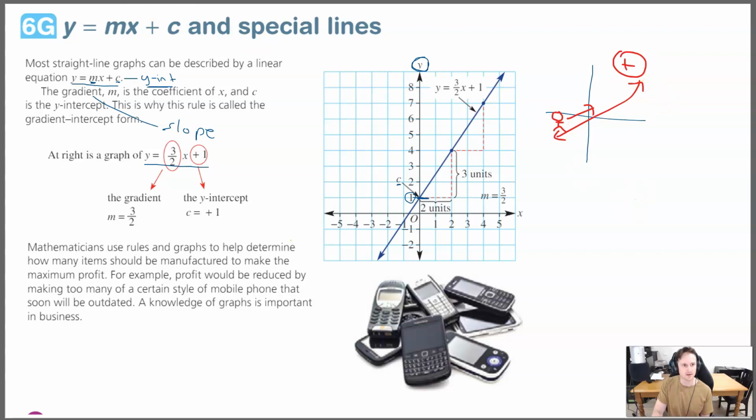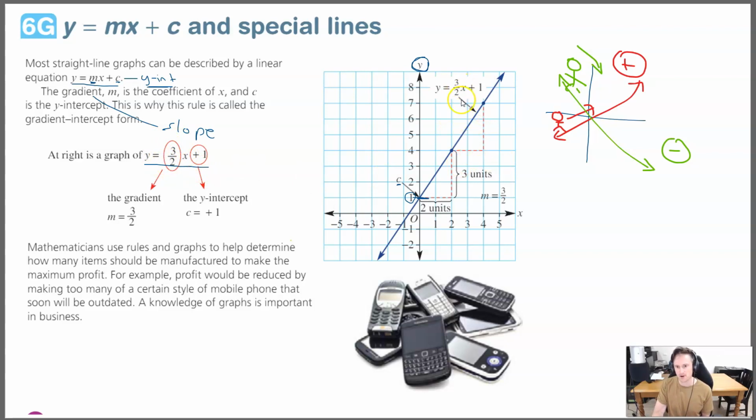If you had a line like this and you imagine your person walking this way from left to right, they'd be walking downhill. So that means the slope is negative. So positive versus negative slope is something to consider. When I'm looking at this gradient here, it's positive, and that's why there's no negative numbers for this one here.